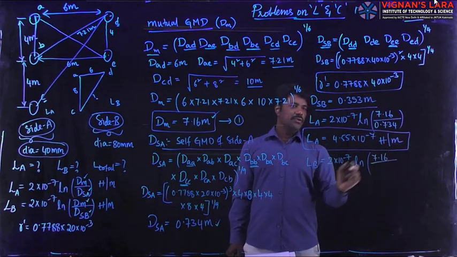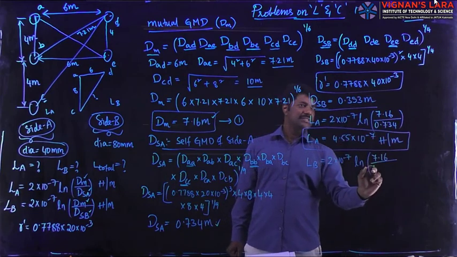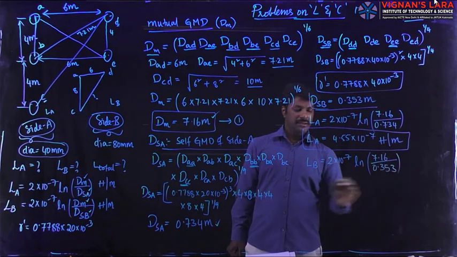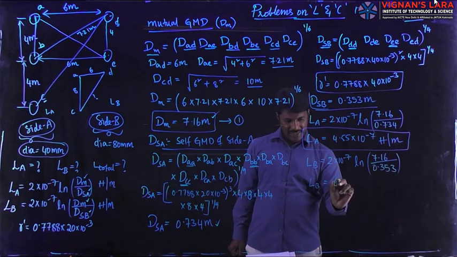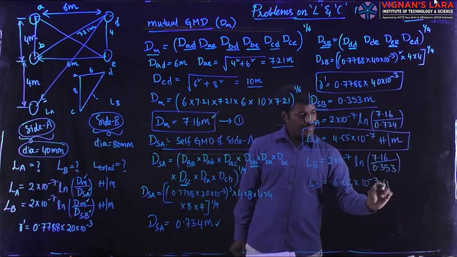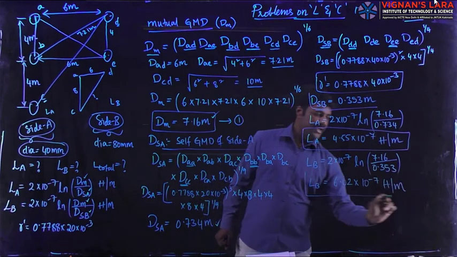Then what is going to change? The self GMD of side B, 0.353. Operating in the calculator, we will get the LB value as 6.02 into 10 power minus 7 henry per meter. Yes, this is inductance B.